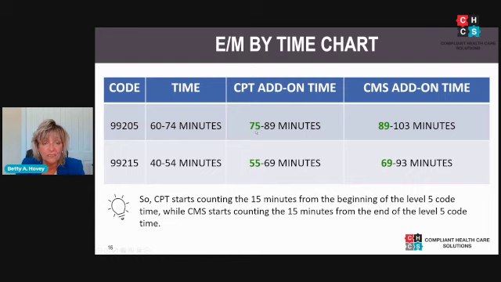That's where CPT says you can use the 99417. Well, CMS looked at the range, and the range ends at 74 minutes. CMS said, so you're telling me if they go 1 minute over the range, you're going to give them the add-on code? No, we don't like that. We want to go to the end of the range at 74 minutes and add the 15 onto that.